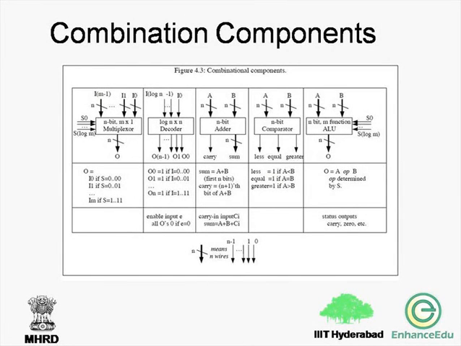The n-bit m-function ALU can perform operations like addition, subtraction and multiplication. In this way, these more abstract combinational components can be used and the complex design can be simplified. Thank you.